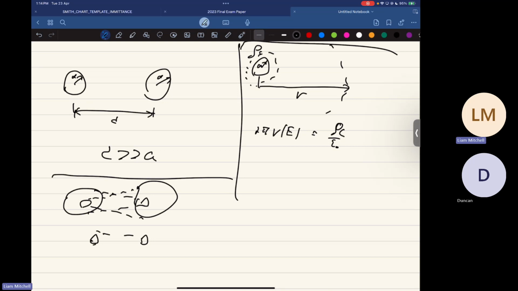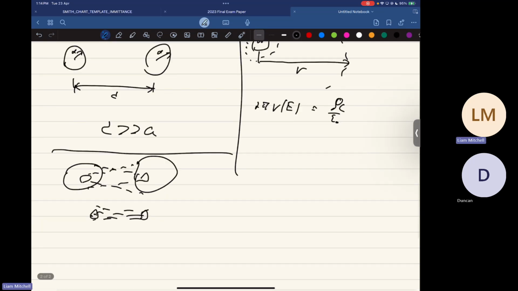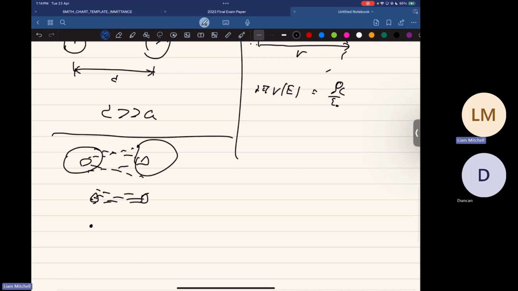Then you continue doing this until you end up with basically two point charges, offset from the center of the cylinders by some value, call it b. Then you need to find the value of b such that the potential is the same at the surface of the conductor.